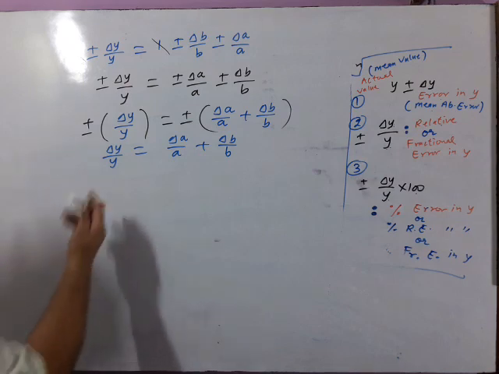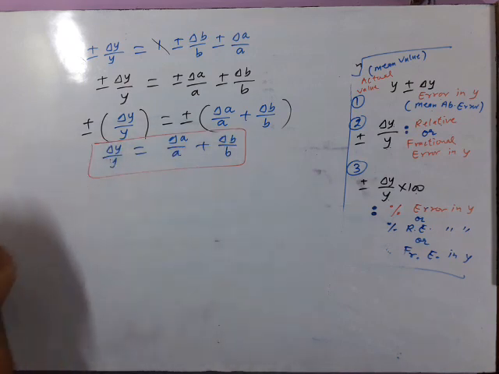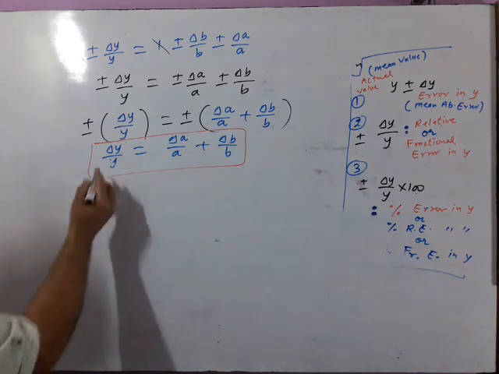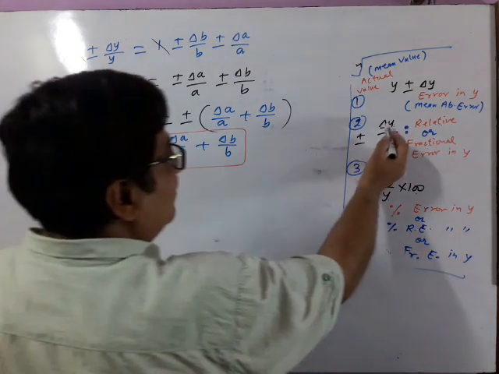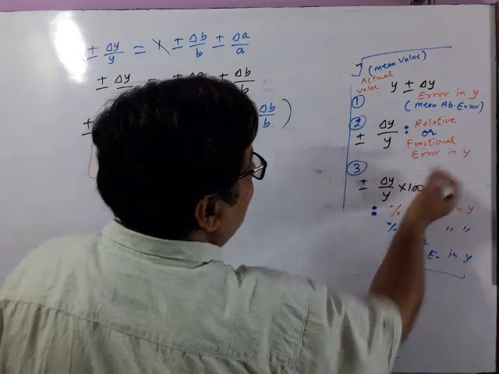Now see, this is our final result. Now how do you read it? This is delta y by y. Focus. Delta y by y is the relative or fractional error in y.